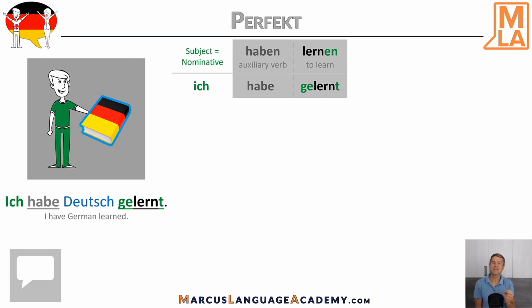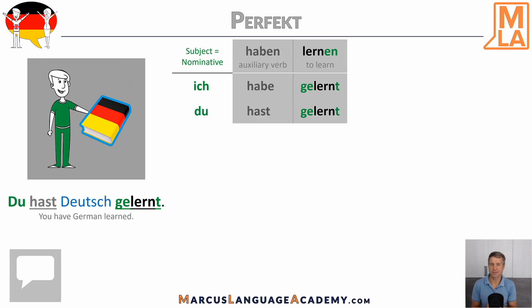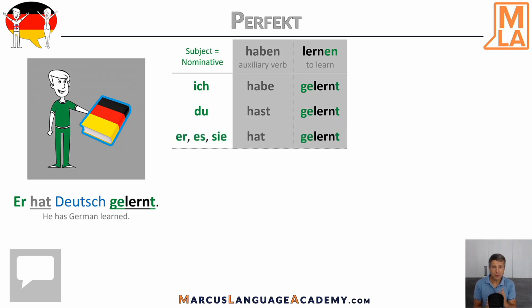The second person singular is like this. Du hast gelernt. Du hast Deutsch gelernt. You have German learned. Here only the auxiliary verb changes and the participle does not change. And so it goes on. Er hat gelernt. Er hat Deutsch gelernt. He has German learned.